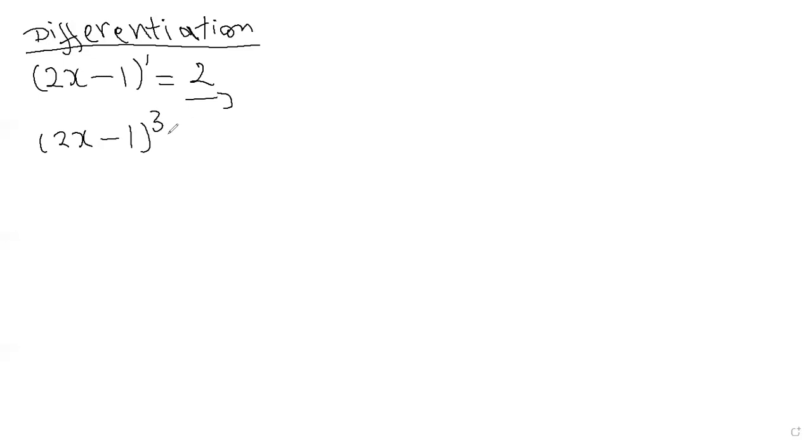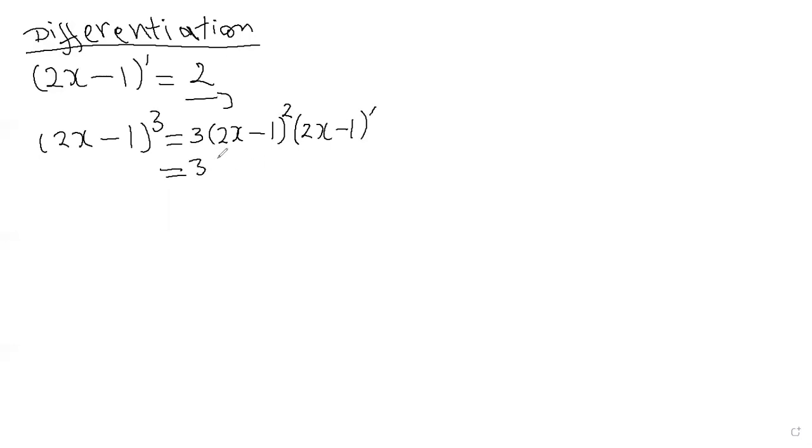But here, I will just try to do it, then I will explain it. We bring 3 down here. We have 2x minus 1, and then 3 minus 1 will be 2. The next one, we will derive 2x minus 1.